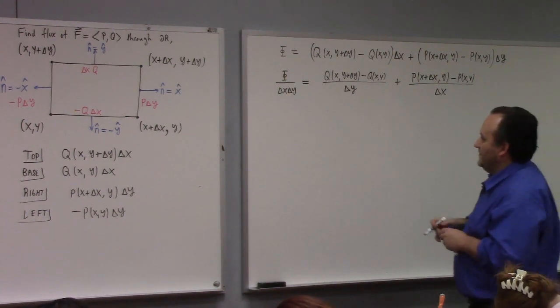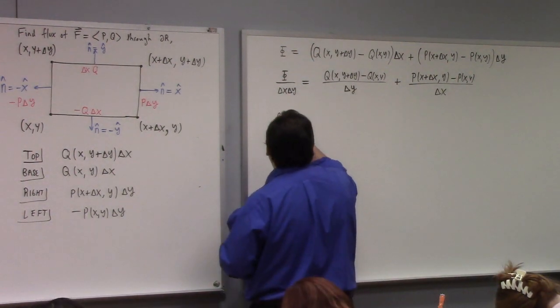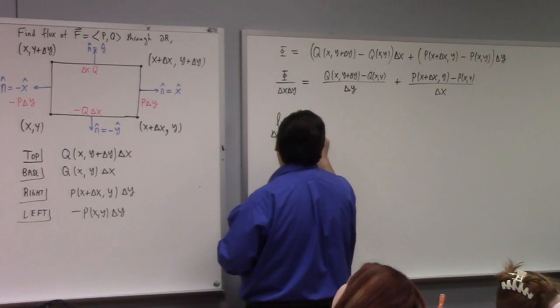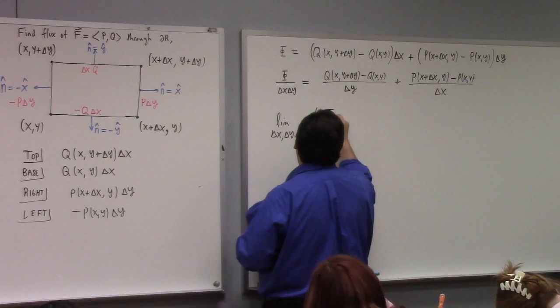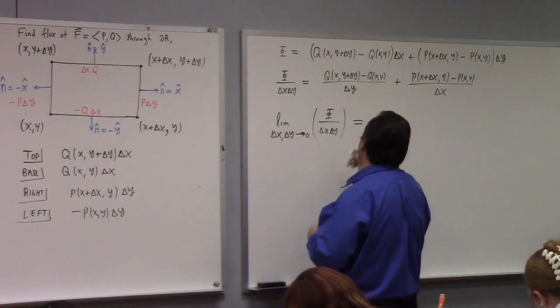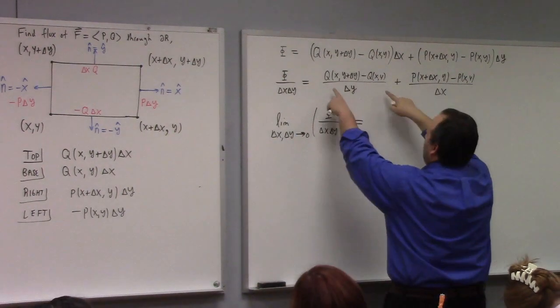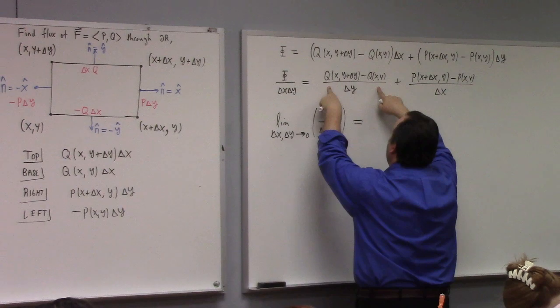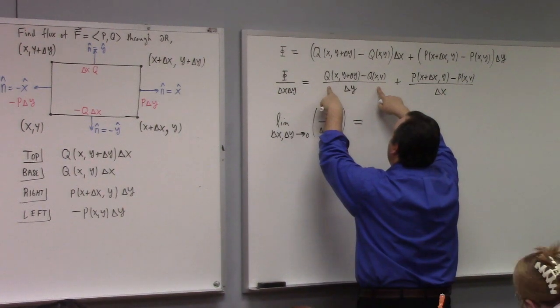And so what happens in the limit as delta x and delta y both go to 0? Do you see what you're doing?